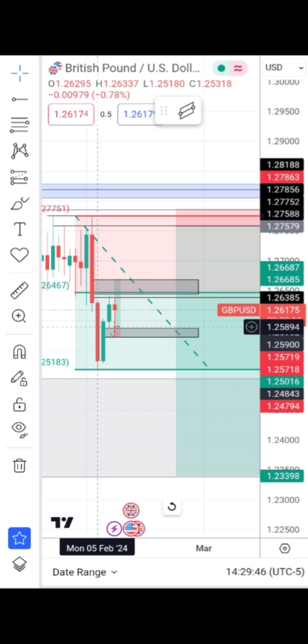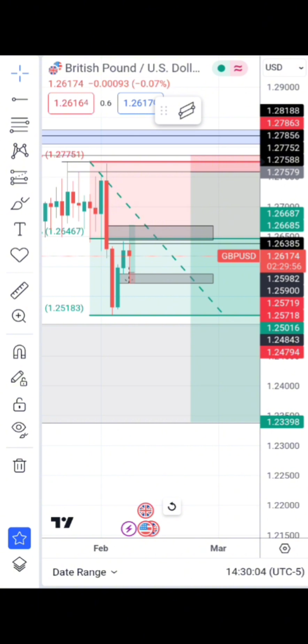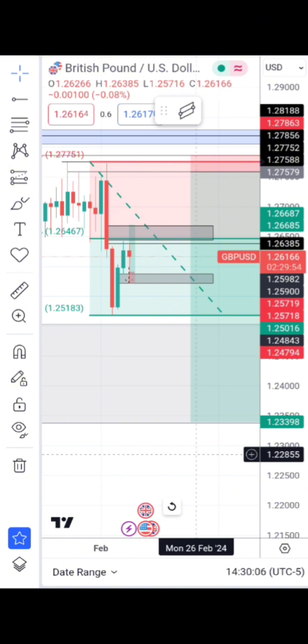So just to quickly highlight what's really happening, price action taking place on GBPUSD. My thinking is I still hold the bias that I expect GBPUSD to drop lower and go as low as the 1.23398 level, which is level one of the low level of the monthly fair value gap.